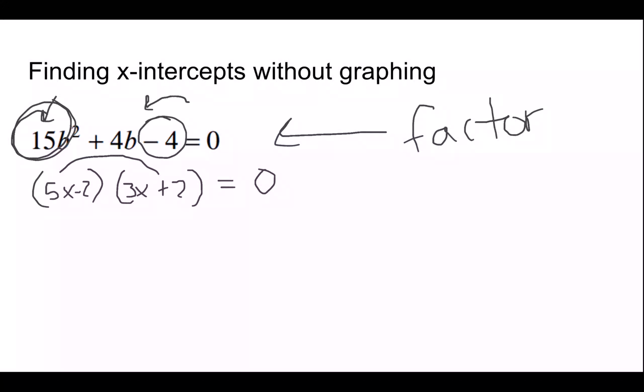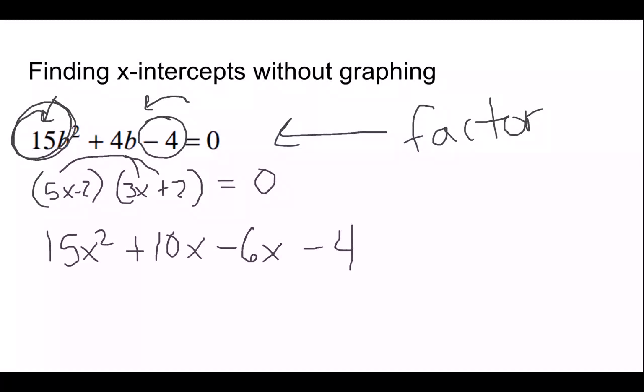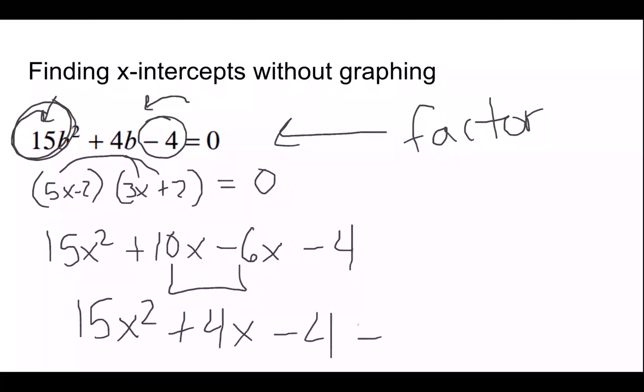So if I do this, I should get 15x squared plus 10x minus 6x minus 4. When I add these two middle terms together, I end up with getting 4x. So that worked out for me.